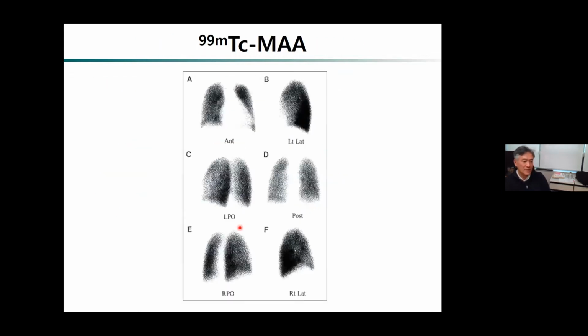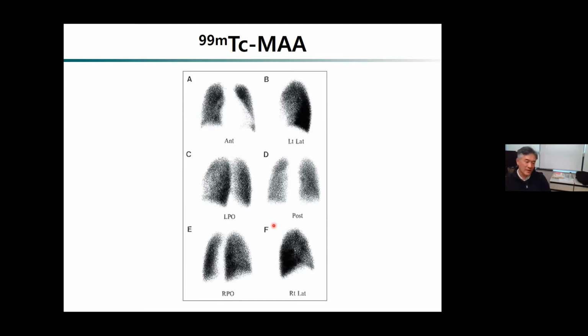Here you can see that technetium MAA, macroaggregated albumin, can block the microvessels in the lung, so you can visualize the function of the lungs.